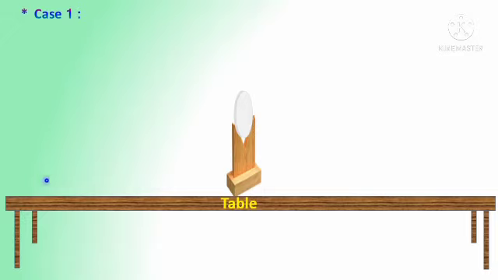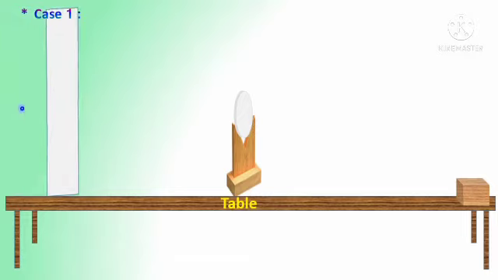Now bring the candle towards 2 meters from the convex lens. That is the object. The distance between the object and the lens is U. That is the object distance. Here take the wooden block and put the candle on it.